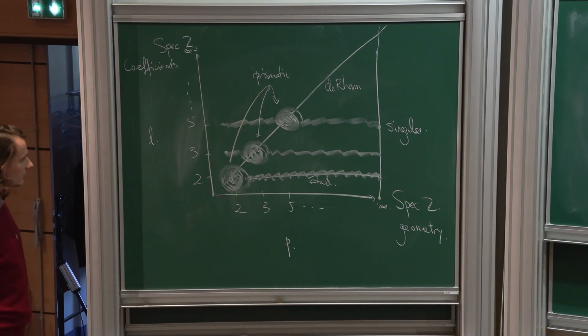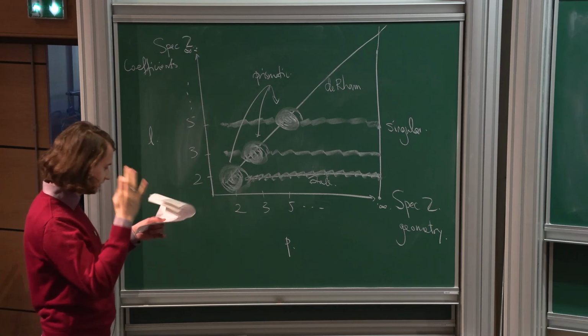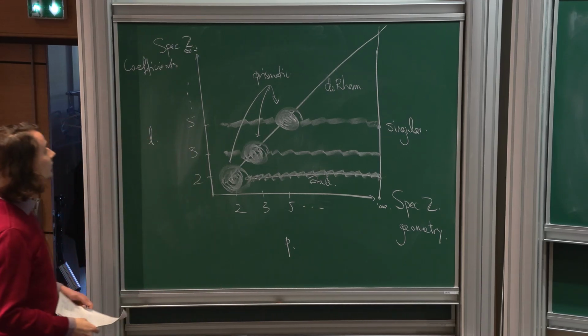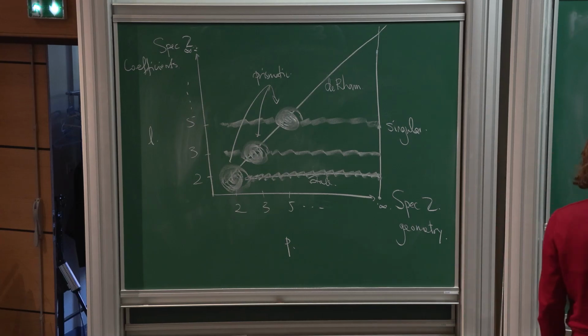This is a picture that I was drawing in my ICM article in 2018. And basically, since then, I've been trying to figure out how to fill in more parts of this diagram. So the goal is to complete the diagram.